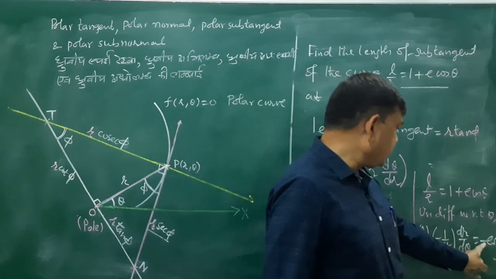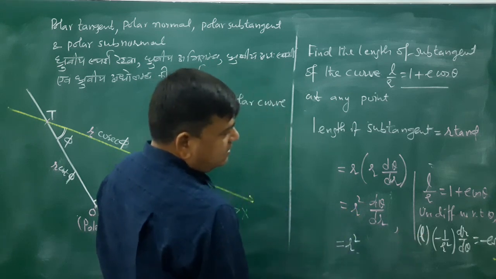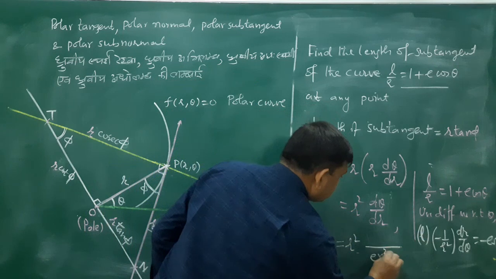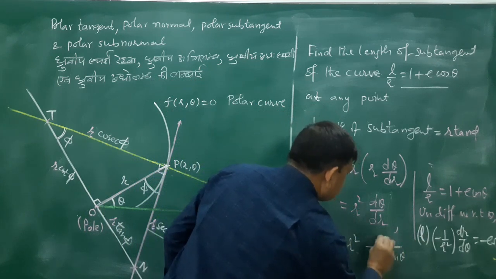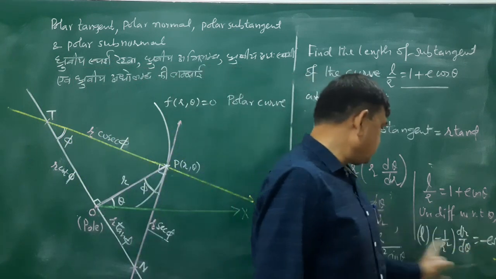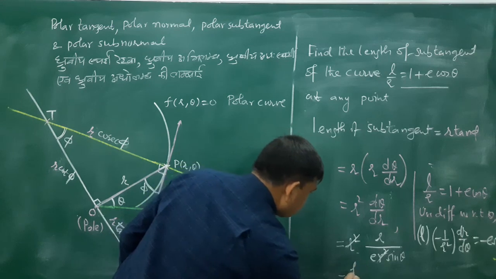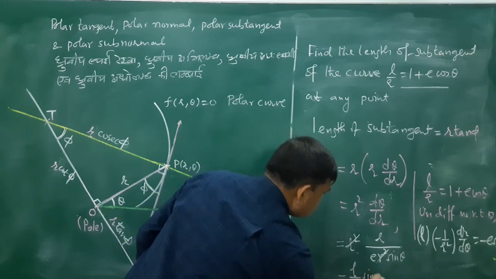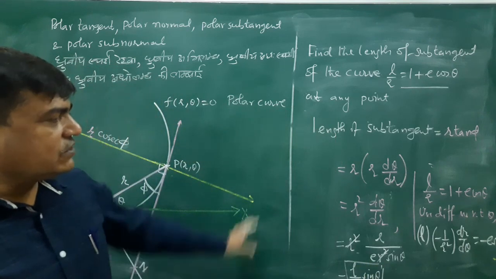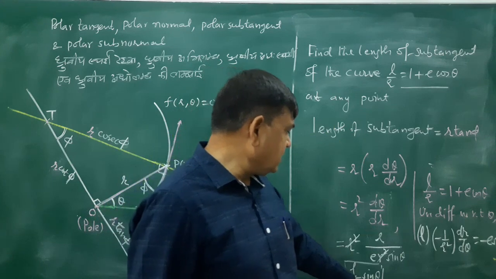This negative and negative is positive, so it is e r square sin theta upon the reverse part of this one. So L upon this, this and this cancel out. We are getting L upon e sin theta. So the length of subtangent is given by L by e sin theta.